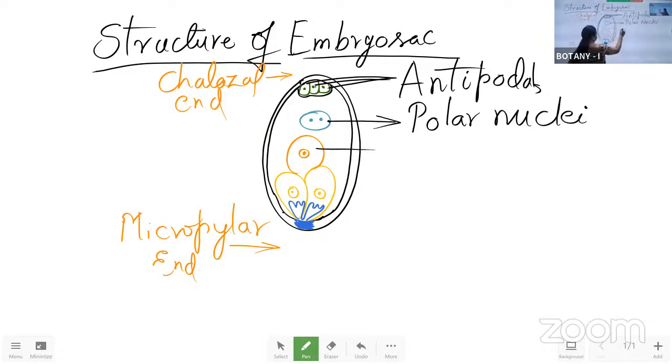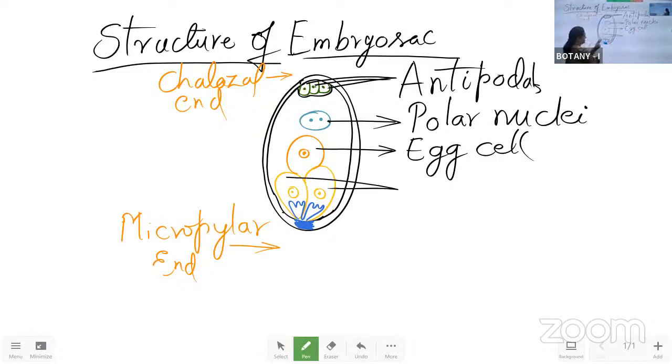And below that, this is the egg cell. And below the egg cell, the 2 cells which are present in the yellow color, those are the synergids.